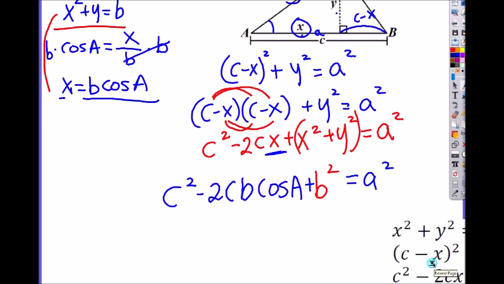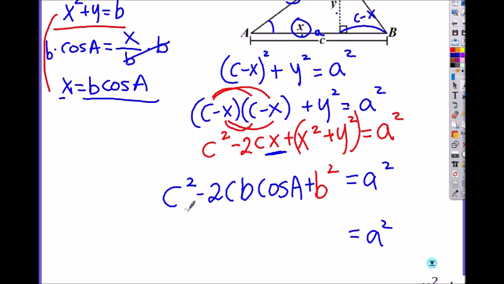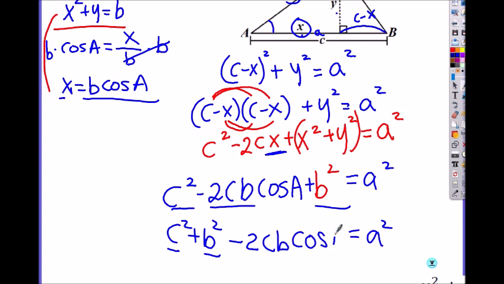what do you notice? Isn't this the law of cosine? What is the law of cosine? A squared equals, remember the law of cosine from geometry? It's C squared plus the other letter, B squared, and then minus 2 times these two multiplied, CB, and it's the law of cosine, so you have cosine of A. These two are matching.